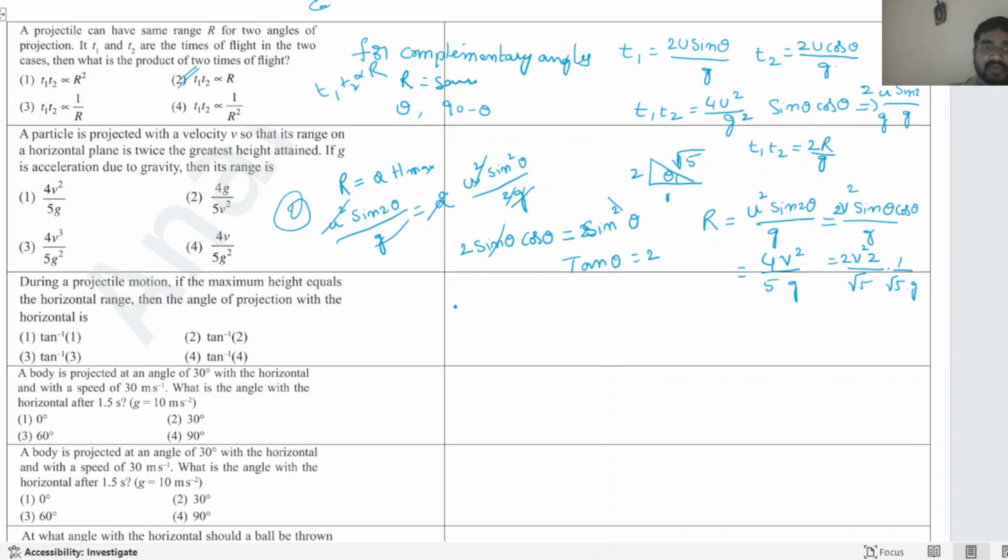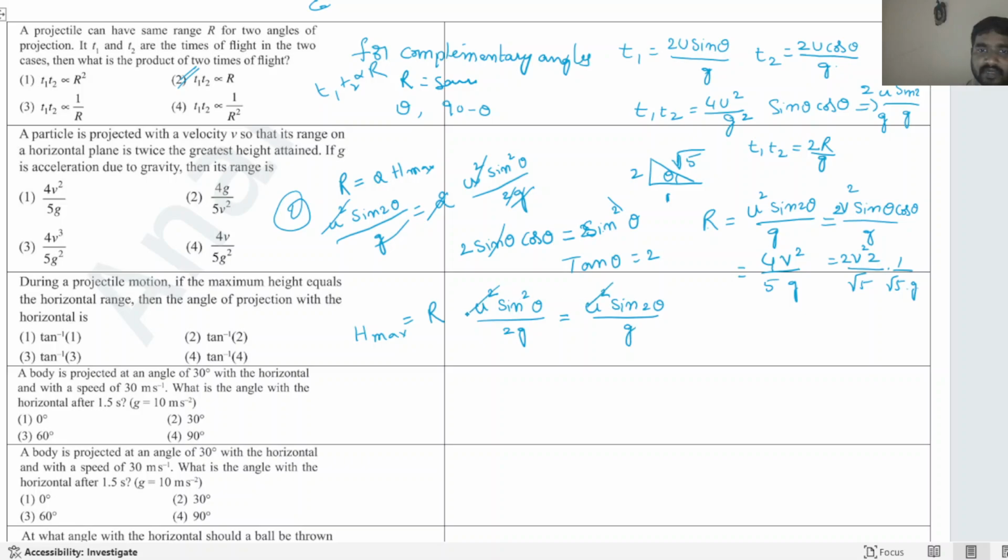Next. During a projectile motion, if the maximum height equals the horizontal range, then what is the angle of projection? Simply use the same formula. U square sine square theta divided by 2g must equal the range, u square sine 2 theta divided by g.